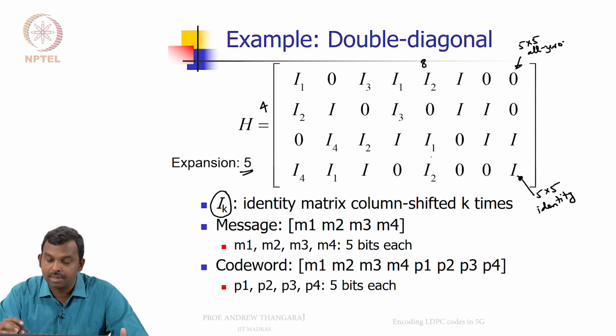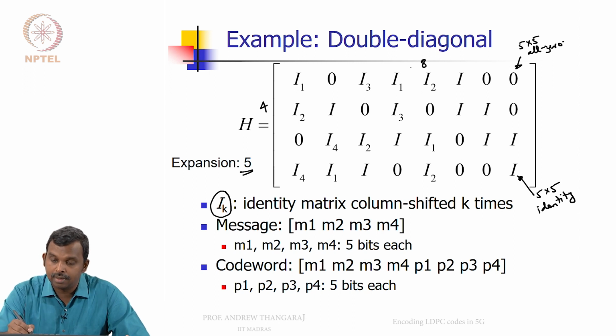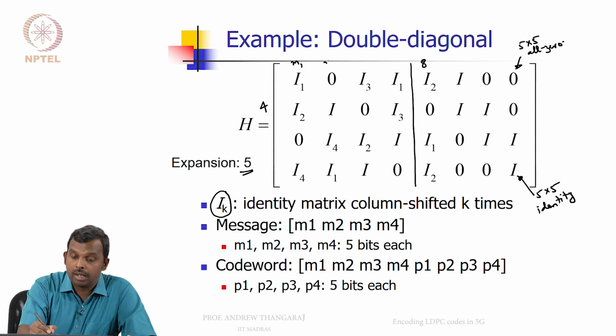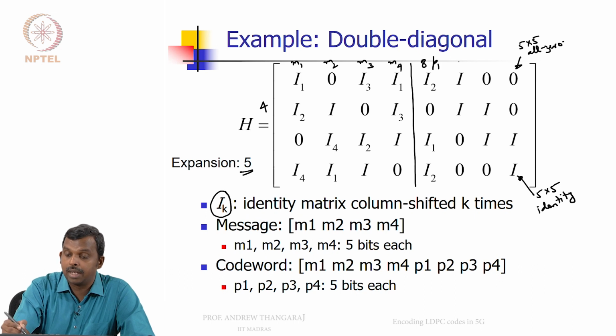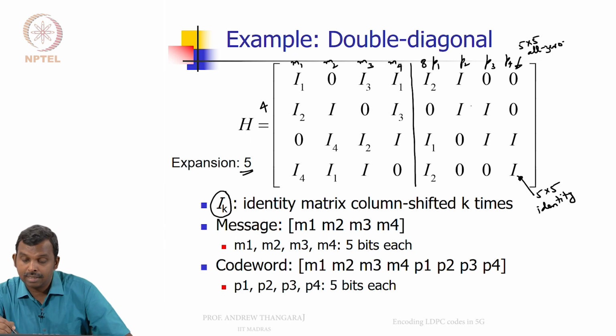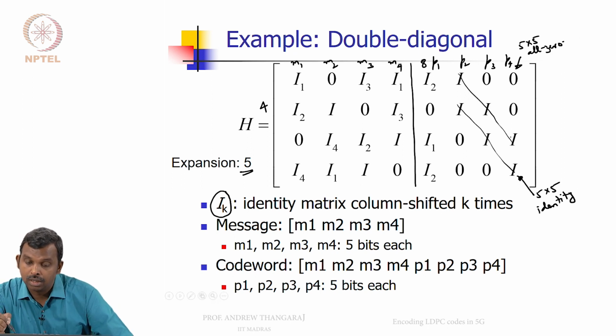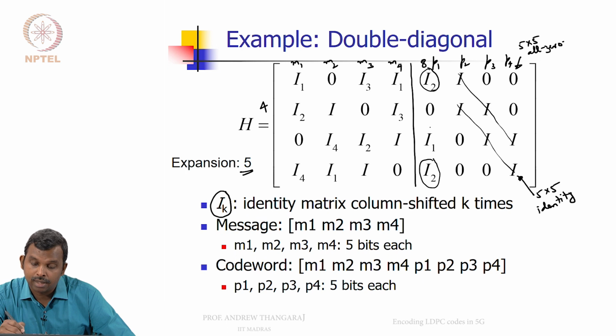So this is a matrix. You can see this is a 4 by 8 matrix. This is the message part, M1, M2, M3, M4, and this is the parity part, P1, P2, P3, P4. So you'll see the diagonal structure here, a double diagonal structure, and then the zeros are all here, and then you have this I2 being the same as this I2 here, and this I1 being different.